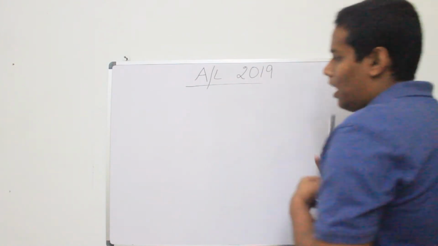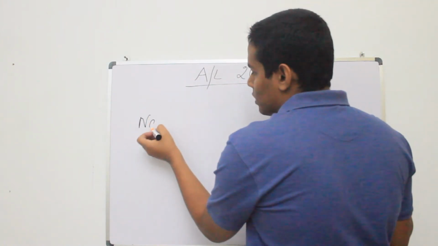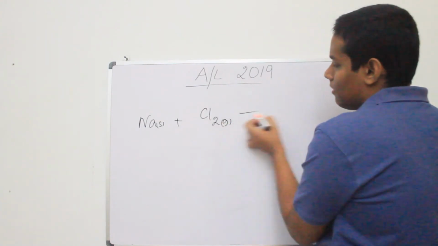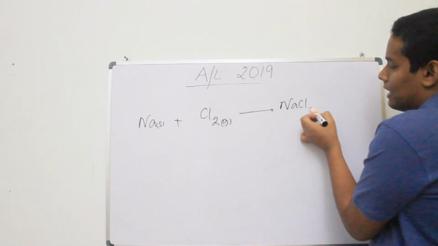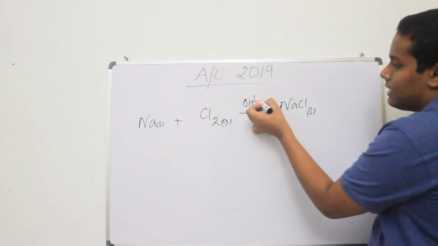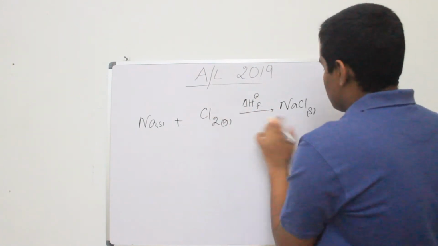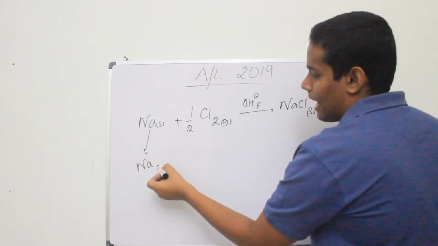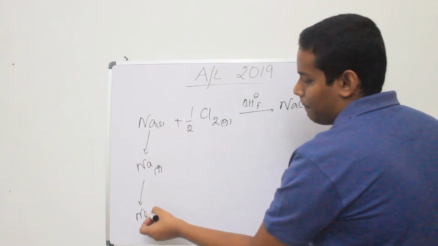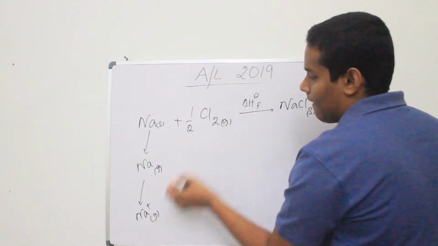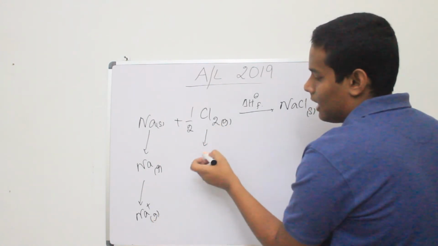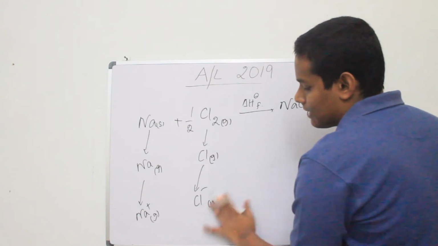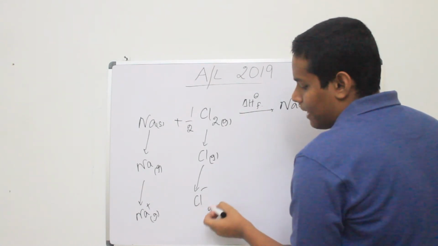Okay. So here, Na solid plus Cl2 gas giving you NaCl solid. So this is delta H theta formation. Then half Cl2, then Na gas, then Na plus gas. Then this will be Cl gas, then this will be Cl minus gas.